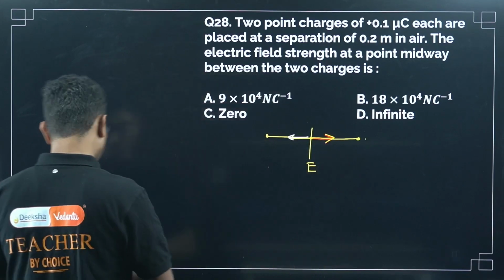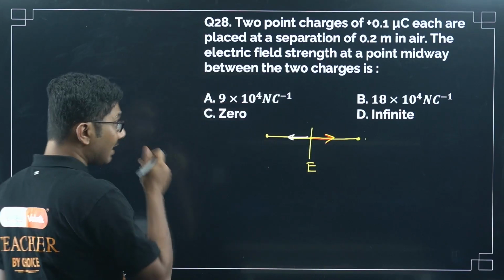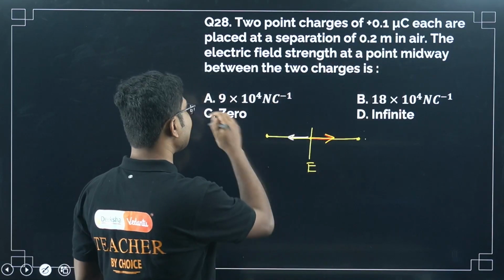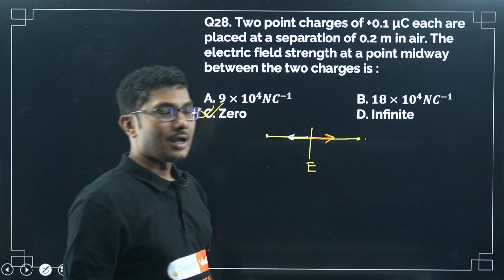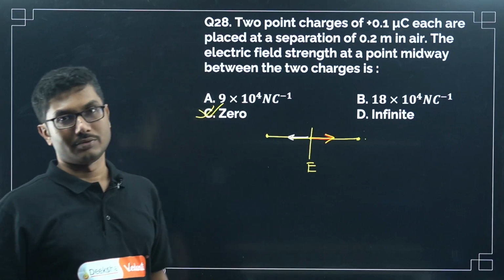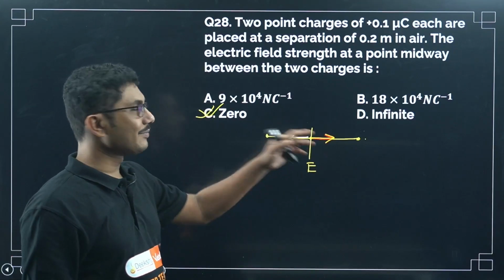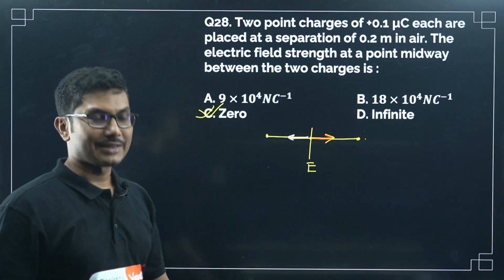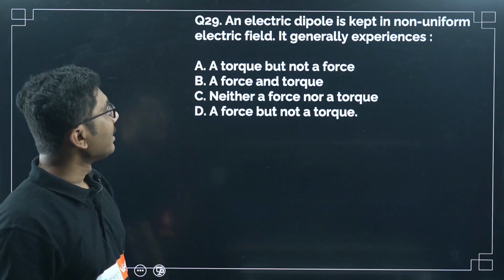Both will have equal magnitude, because both charges are equal in magnitude, so they will cancel each other. So at the center the electric field will be 0. Okay, clear? If both charges are of the same magnitude, then the electric field at the center will be 0. Next question.